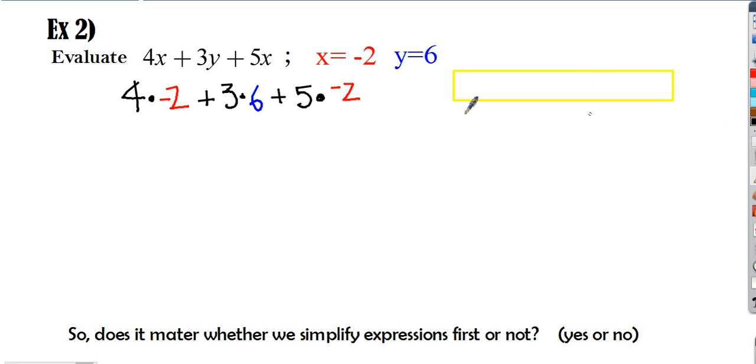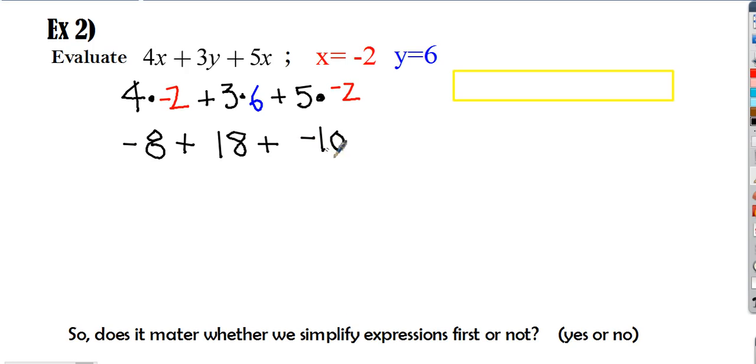Now, by the order of operations, we need to do the multiplication first. I'm going to do it from the left side. 4 times -2 is equal to -8. Then plus, bring down the plus sign, 3 times 6 is +18, plus 5 times -2 is equal to -10.